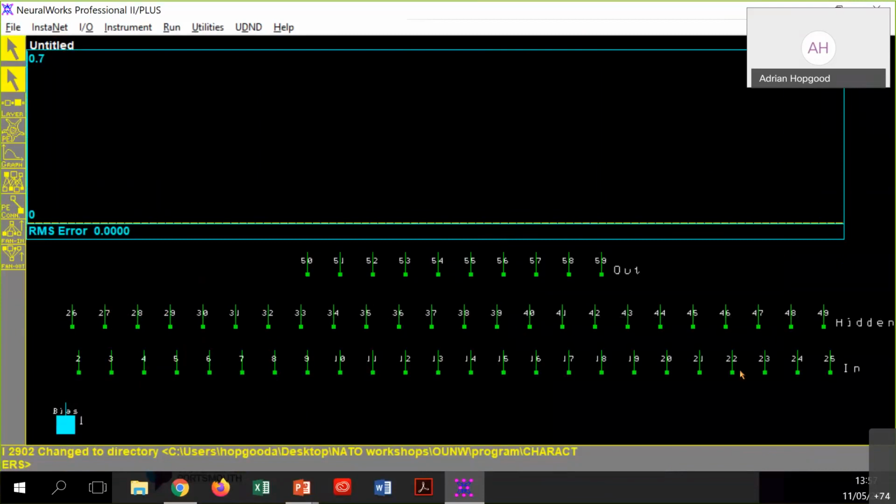We've got a layer of input neurons, hidden neurons, first processing layer, and a set of output neurons. The linkages are not shown because there are so many of them it would become too cluttered, but they are fully connected as before, and there are weights on the connections as before. We've now got 24 input neurons, representing the 24 primitives that I've extracted from each character.